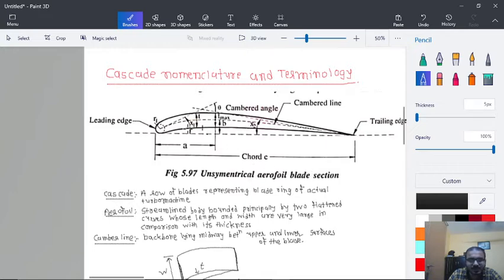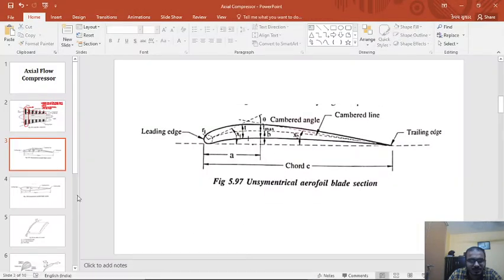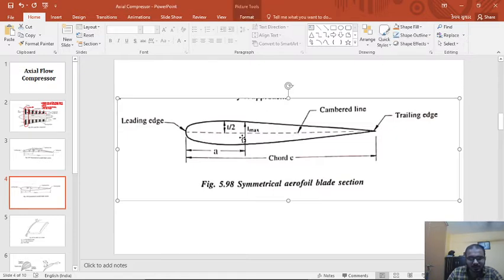Unsymmetrical means that the upper side and lower side are not symmetrical with each other, and I will show you the category of symmetrical blade here, where it is clearly seen that the upper side and lower side are exactly similar, and the camber line is parallel to the direction of velocity of approach.